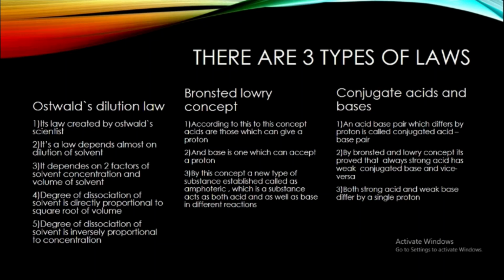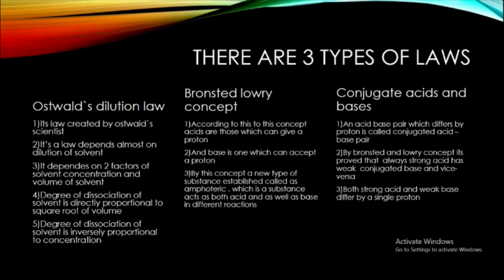So now let us go to the third one, that is conjugated acids and bases. Conjugated acid base pairs differ by a proton. Now we are discussing conjugation. Conjugation we know as well in alkenes, alkynes and all those things, where conjugation is one single bond alternating with a double bond.